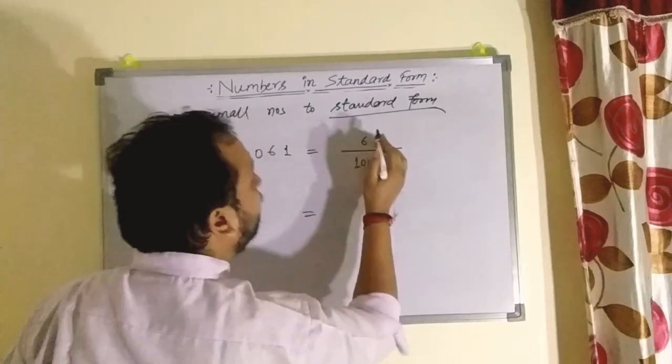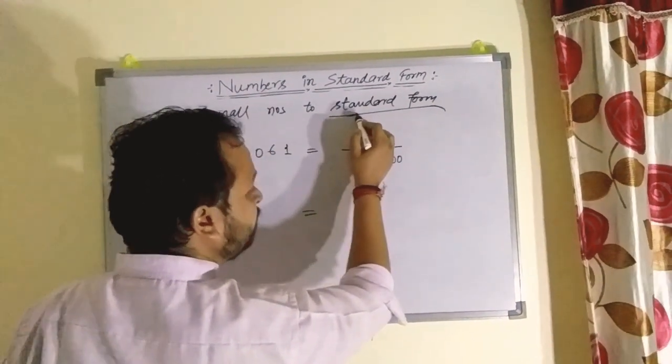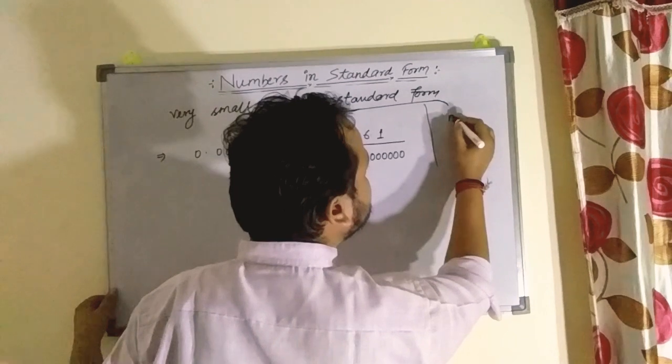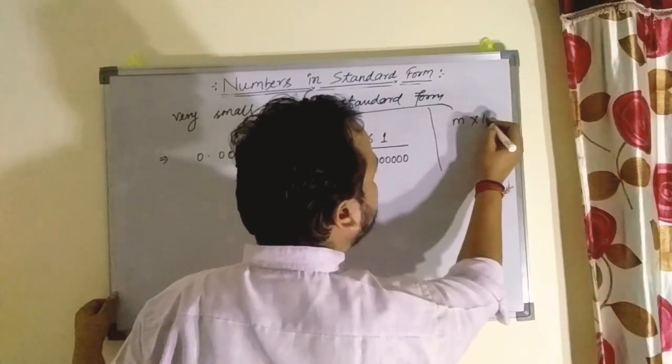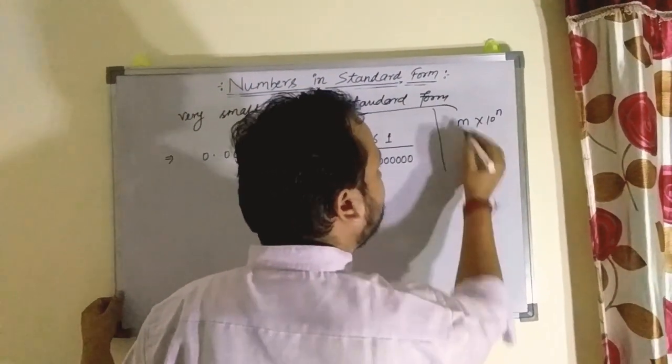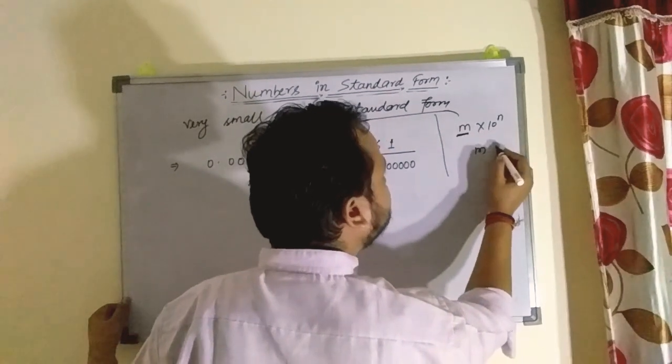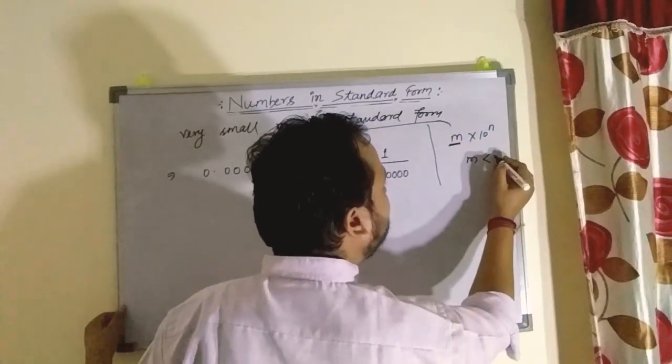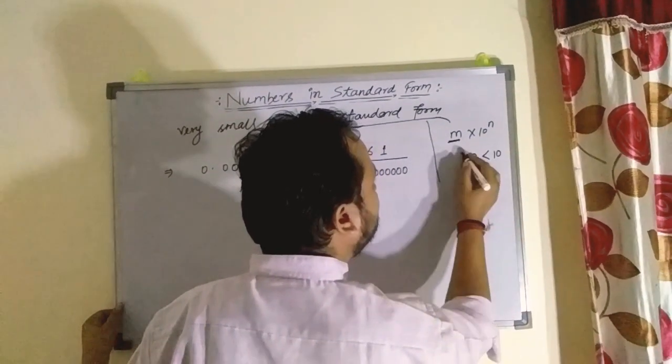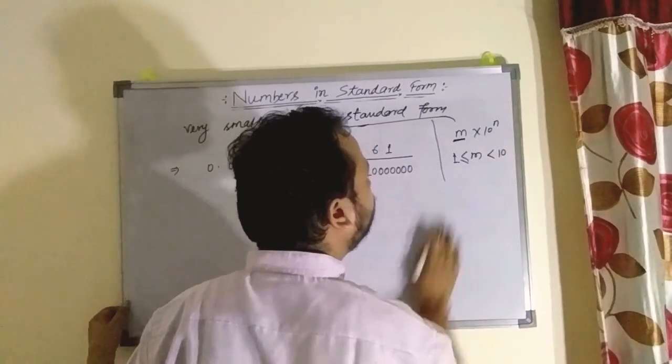Then you have to convert it into standard form, and you know the standard form is m into 10 to power n, where m must be less than 10 and greater than or equal to 1.